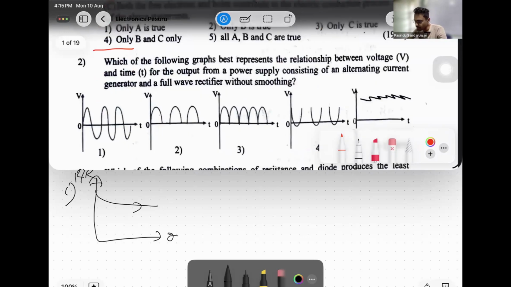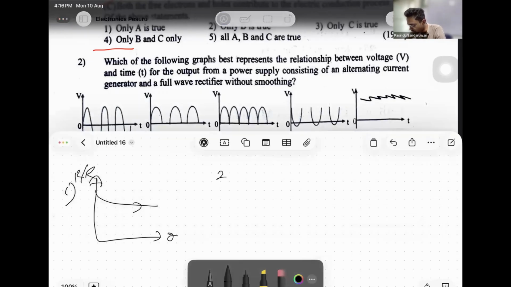Second one. Which of the following graphs best represents the relationship between voltage and time for the output from a power supply consisting of an alternating current generator and a full wave rectifier without smoothing? That's completely taken from the theory. In a full wave rectifier, all the wave is rectified, all the wave is utilized.